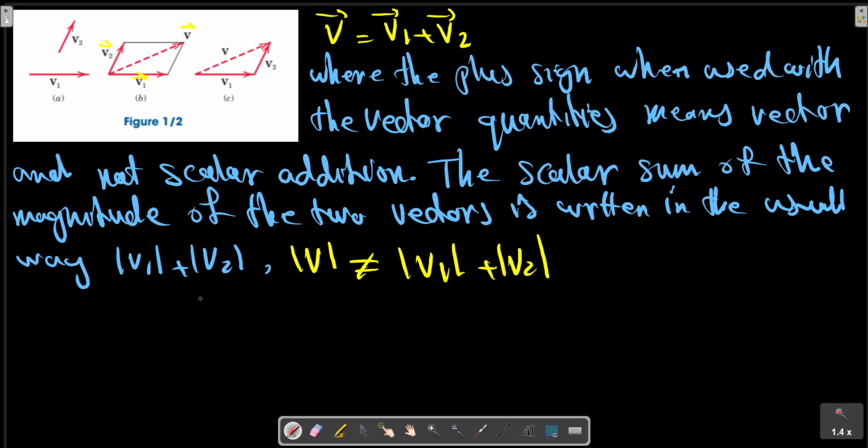The two vectors v1 and v2, again treated as free vectors, may also be added head to tail by the triangular law.